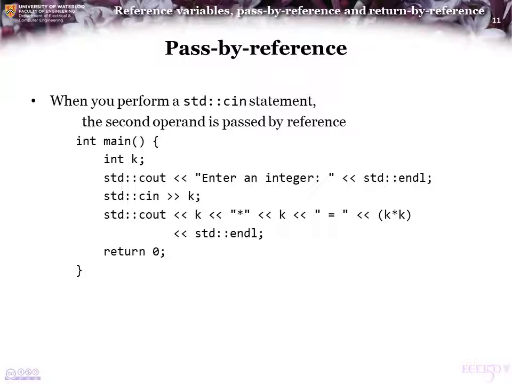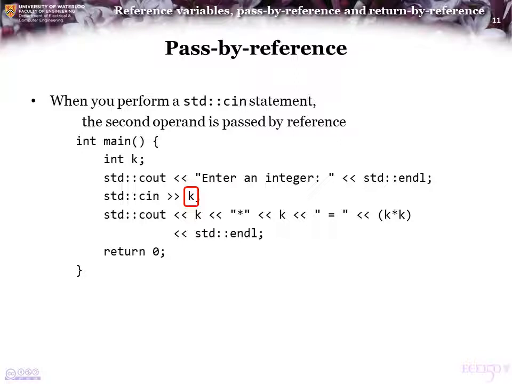So that function, once it gets the value that the user entered at the keyboard, will assign that value to the parameter passed by reference, which will then assign that second operand the appropriate value.